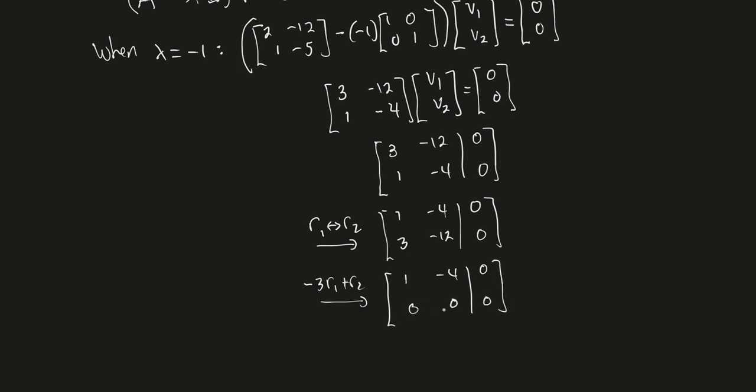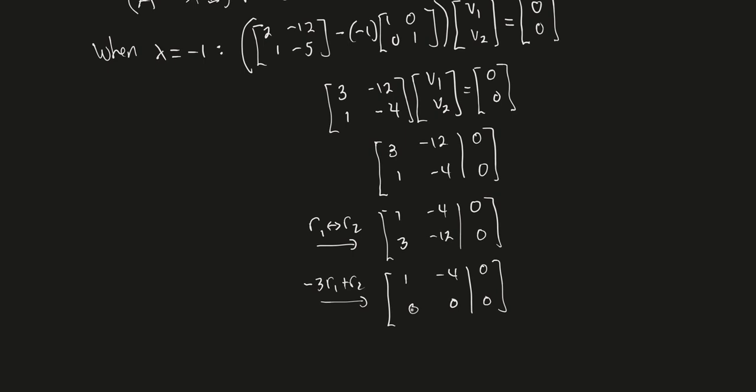And whenever this happens, we know it means we have a free variable, right? And in fact, this is always going to happen when we're solving this eigenvalue, eigenvector problem. Because we're saying that our coefficient matrix is not invertible, the homogeneous system can't have a unique solution.